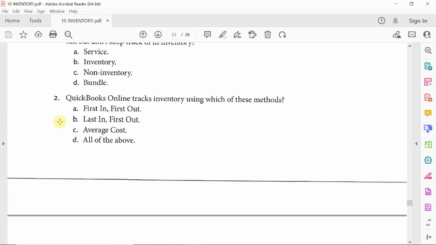Now, how we cost it is going to be a method that we use to associate when we sell an item. So when we sell an item, what is the best way that we are choosing to cost it out? The first in, first out method is very well recognized for grocery stores. Every time you purchase, for instance, milk, one thing you need to know is that it has an expiration date.